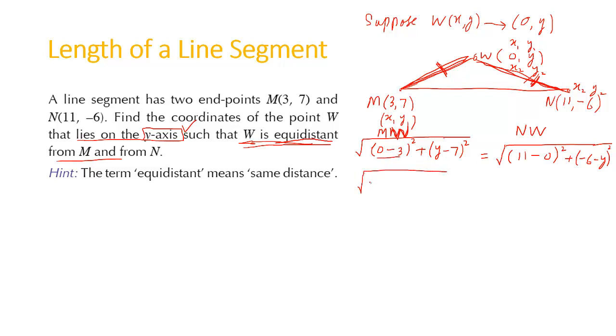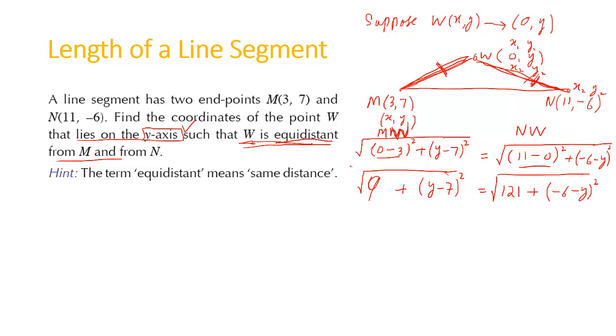0 minus 3 is minus 3, and minus 3 square is plus 9. It is 9 plus (y minus 7) whole square equals 11 minus 0, which is 11, and 11 square is 121, plus (minus 6 minus y) whole square.